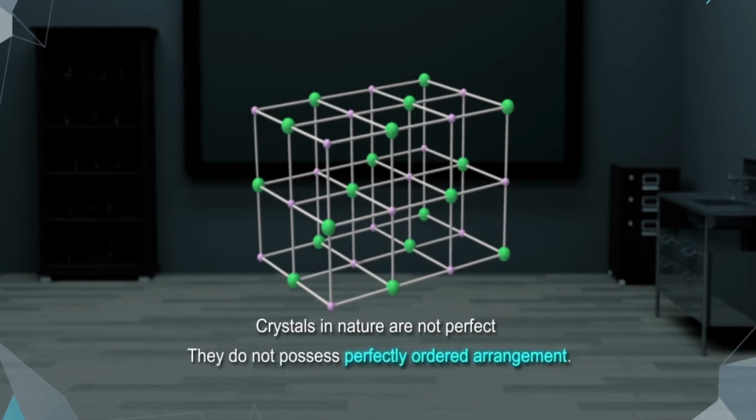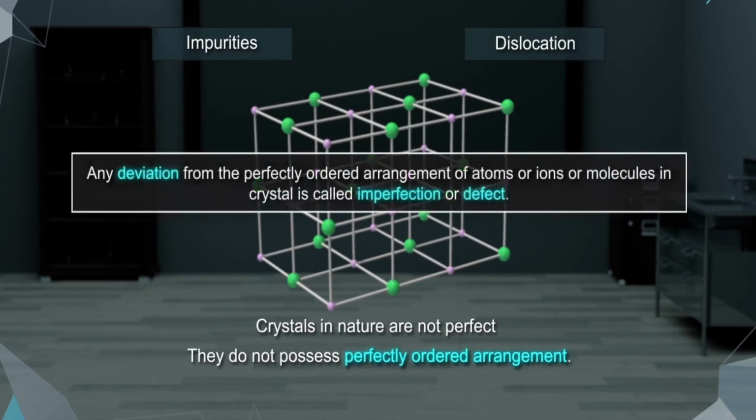This is due to the presence of impurities and changes in the positions of the constituent particles. Any deviation from the perfectly ordered arrangement of atoms, ions, or molecules in a crystal is called an imperfection or defect.